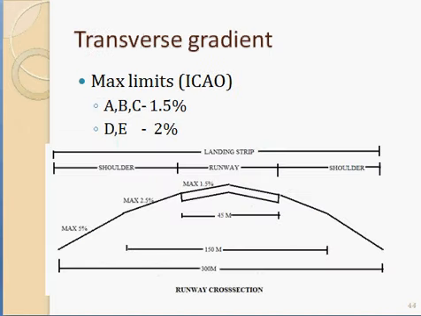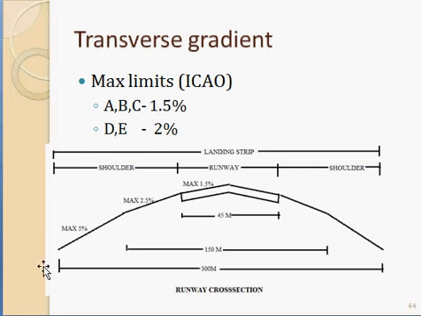Then if you are taking the values for transverse gradient, the maximum limits specified by the ICAO are for A, B and C types of airport it is 1.5 percentage, and for D and E type it is 2 percentage. That is the value for the transverse gradient on runway. So it is for runway alone, 1.5 percentage for ABC, and for D and E it will be 2 percentage.